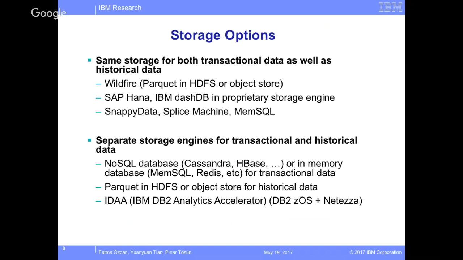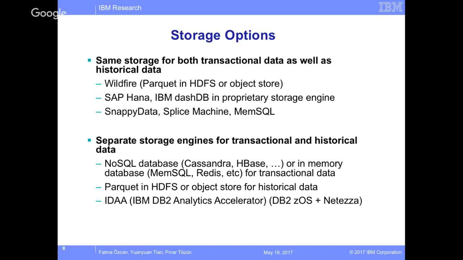So you could basically use the same storage. Wildfire, which is a research prototype from IBM, uses Parquet, and it uses the same storage for both the ingestion and the analytics side. And there are also solutions that provide separate storage. For example, you can use a NoSQL database like Cassandra for your transactional data, and then make a copy of the data into Parquet and store it in HDFS or S3 and do your Spark SQL queries against that.